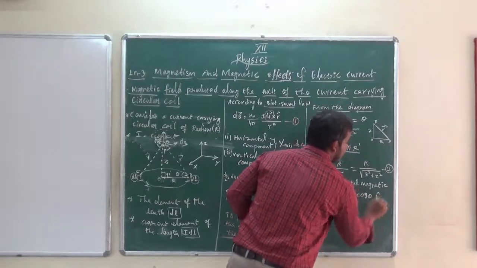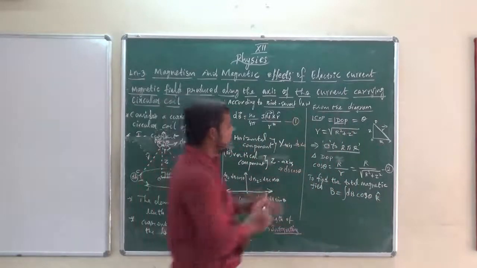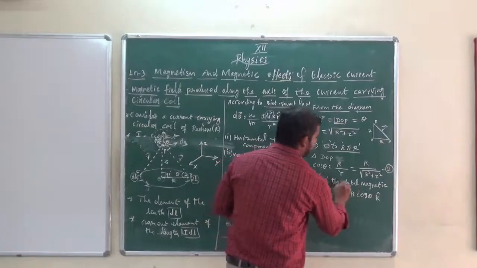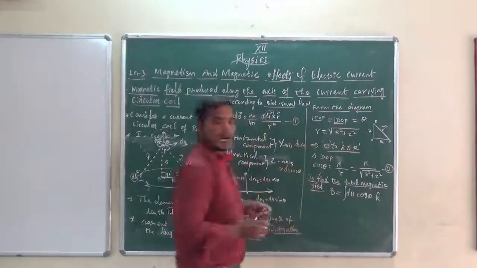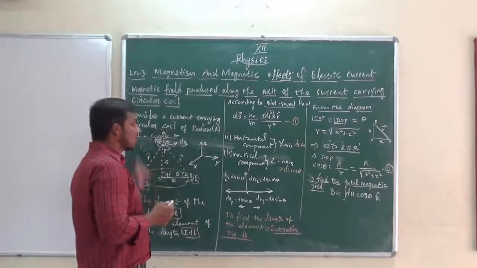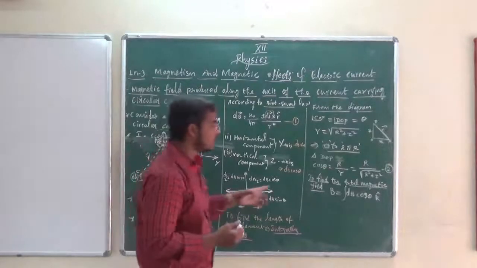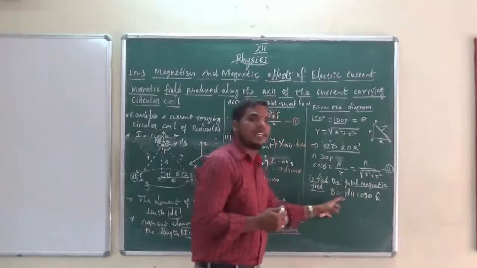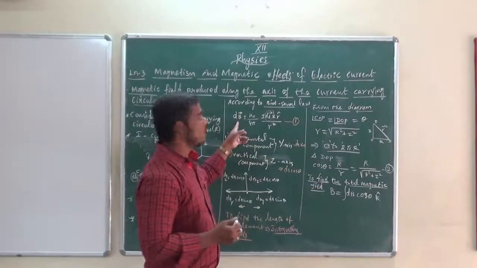So to find the magnetic field at the point P, the total magnetic field for the whole circular coil, we have to integrate the equation number 1 we already derived.